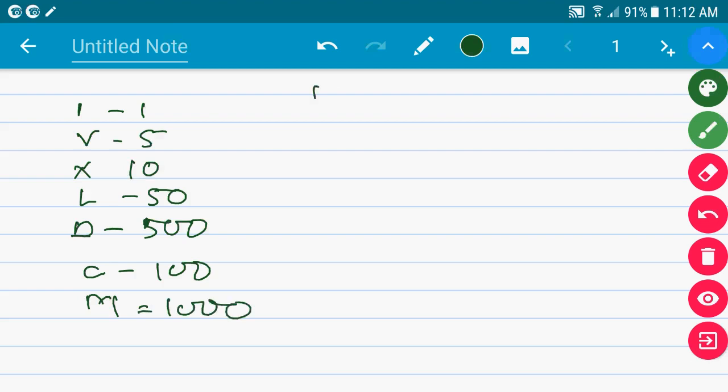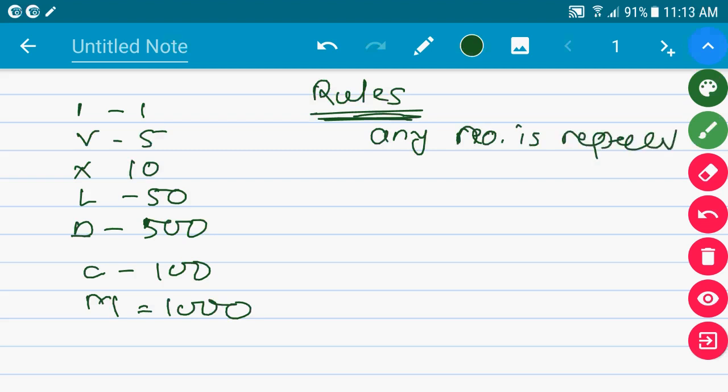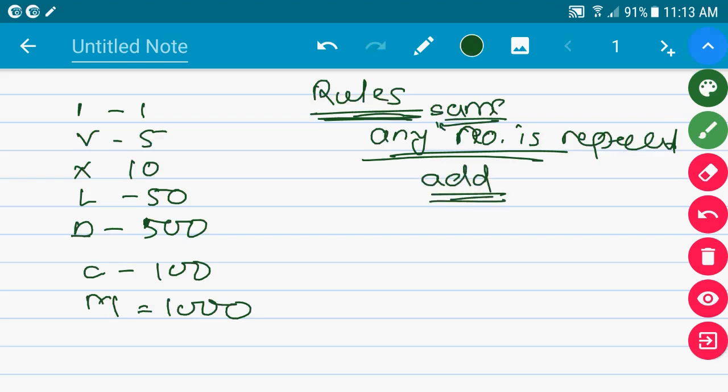Okay. Now see, there are some rules for Roman numbers. What are those rules? So rule 1 is, if any same number is repeated, then we have to add that number.